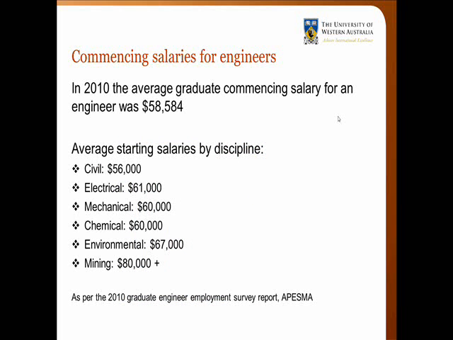Commencing salaries for engineers. Okay, so this data comes from our 2010 Graduate Engineer Employment Survey from APESMA. So in 2010, the average graduate commencing salary for an engineer was $58,584. Average starting salaries by discipline: civil weighing in at $56,000, all the way through to mining at $80,000 plus.